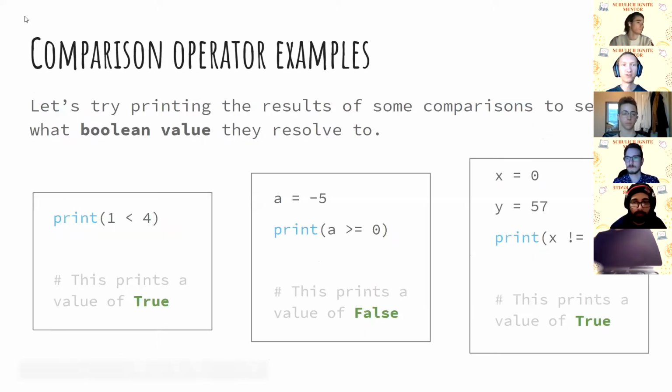All right, so here are our examples now. For the first one here, we are comparing 1 and 4, and our operator there is less than. So we're asking, is 1 less than 4? And 1 is less than 4. That is true, and so it's going to print out true there.